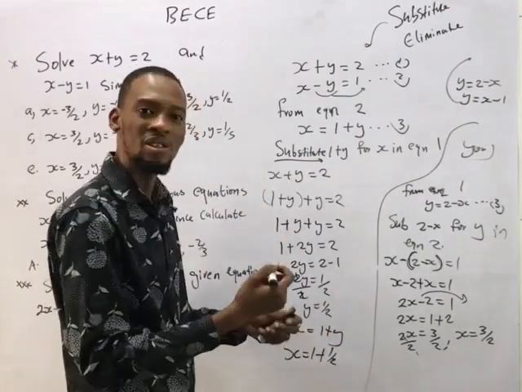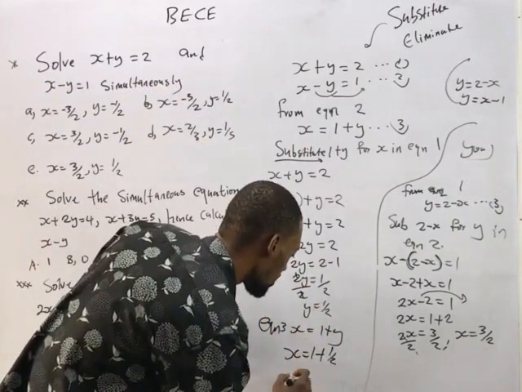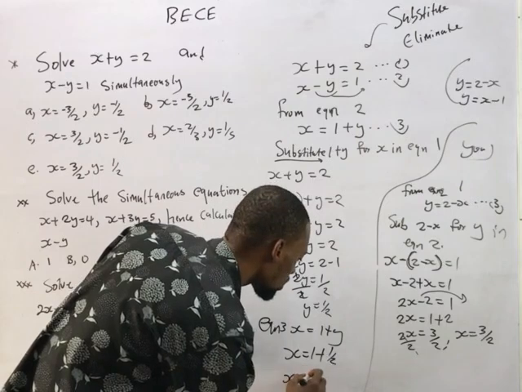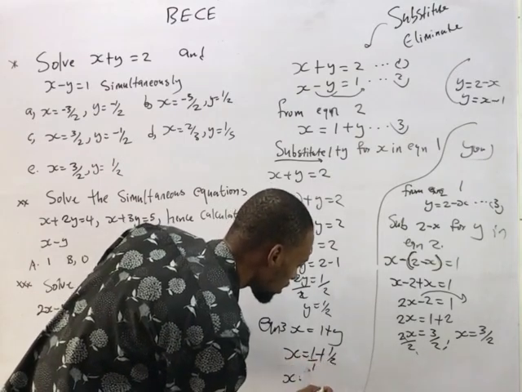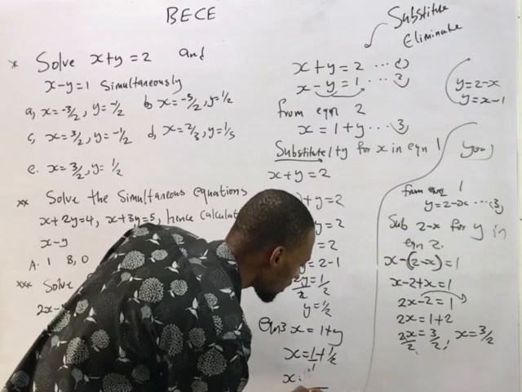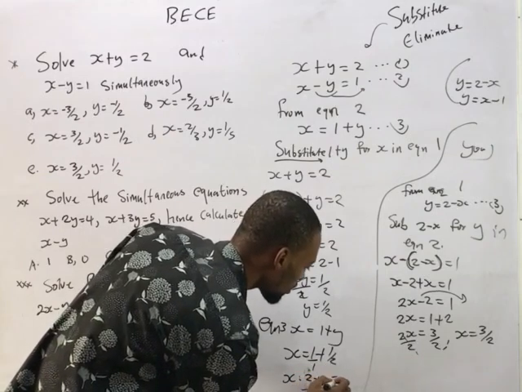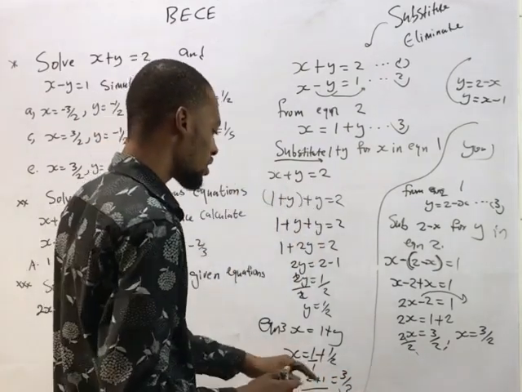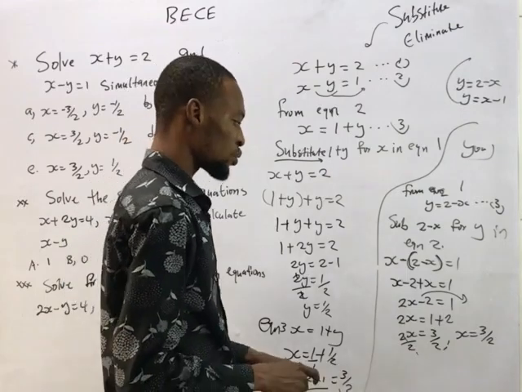You see why it is called substitution method. So this will give you s is equals 1, the LCM, this is the same thing as over 1. So 1 over, this will give you 2, 2 plus 1, this will give you 3 over 2. Because 1 plus 1 over 2 is 3 over 2. S is equals 3 over 2.